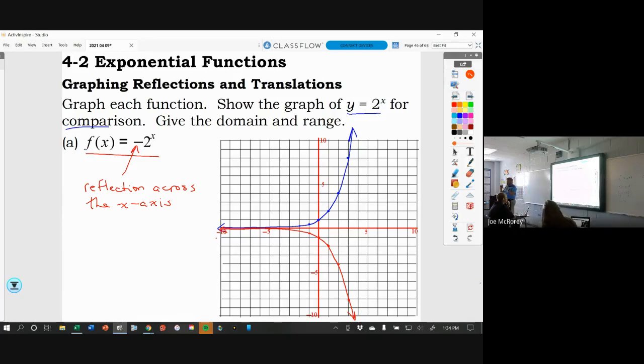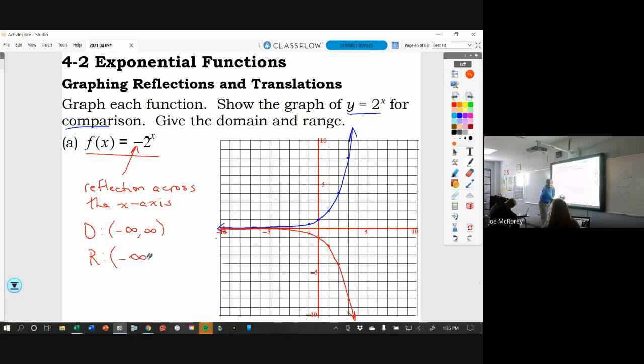Now I'm talking about the red graph. I'm talking about y equals -2 to the x power. What is the domain of this function I just graphed? All real numbers. It hasn't changed, all real numbers. What is my range now? 0. No, because it never touches 0.